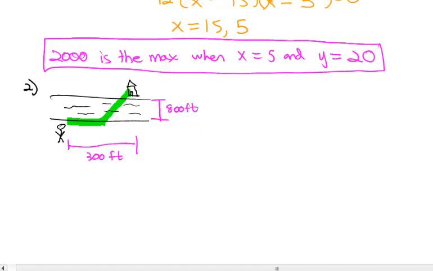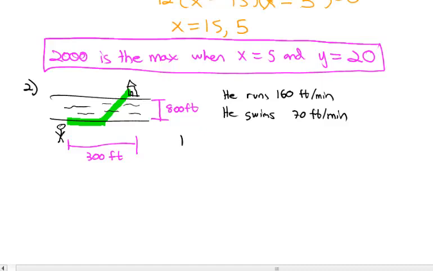He's going to swim across the river. He can run, let's make him run 160 feet per minute. And he can swim, let's make him swim 70 feet per minute.